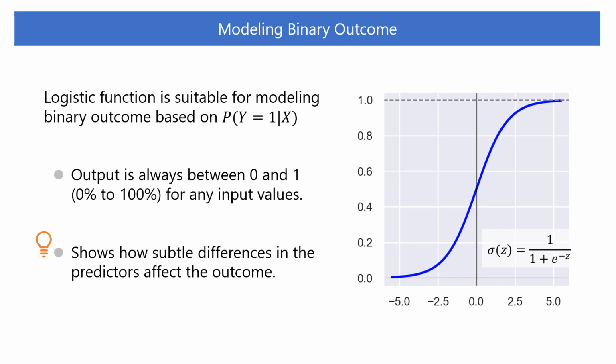The output of the logistic function is a continuous variable and varies smoothly with input values. Thus, the logistic function can clearly express how small changes in input values affect the probability. This helps us understand how subtle differences in the predictor variables affect the outcome.